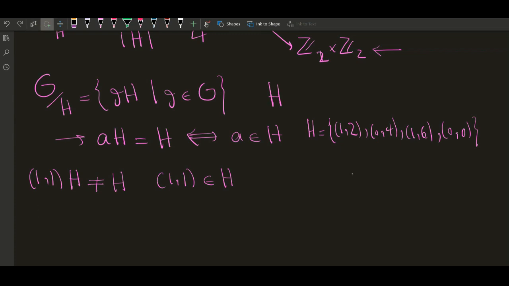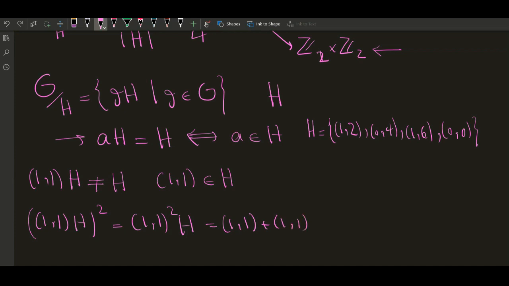Now let's calculate (1, 1)H to the second power. We know that it is equal to (1, 1) to the second power H. Let's calculate it. It's (1, 1) plus (1, 1), H. Again, we add components modulo, because our group G is Z2 cross Z8.